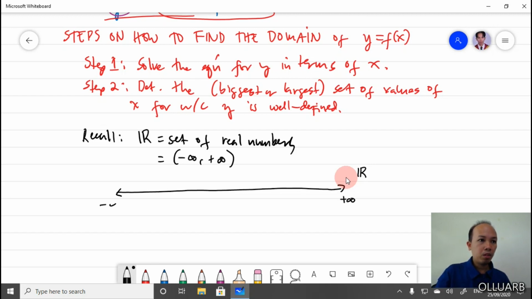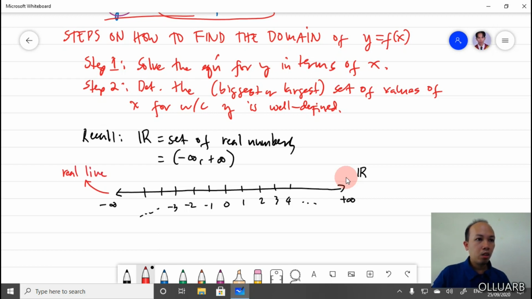Positive infinity, negative infinity, we have 0 here, then 1, 2, 3, 4, and so on, and negative 1, negative 2, negative 3, and so on. So when you say the set of real numbers, all numbers on this is what we call the real line.